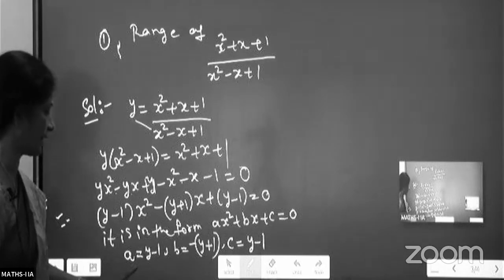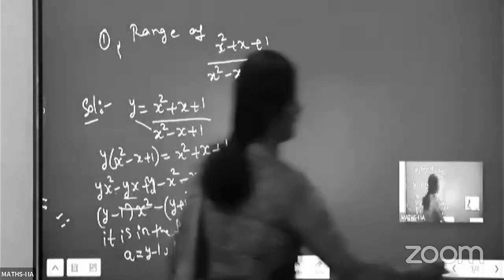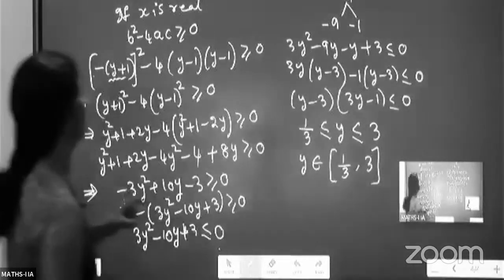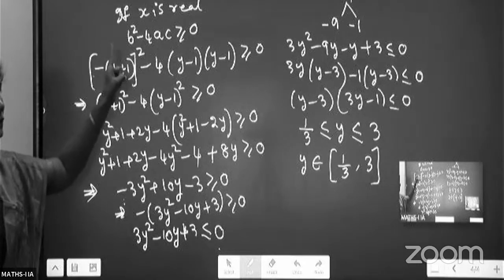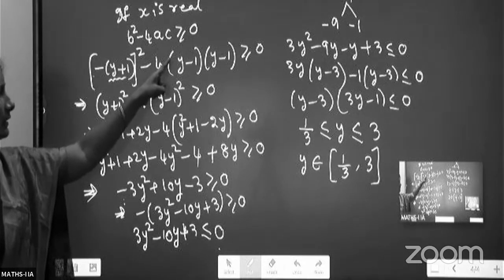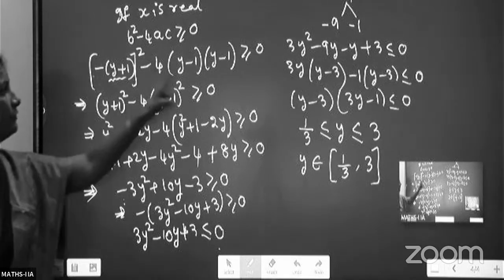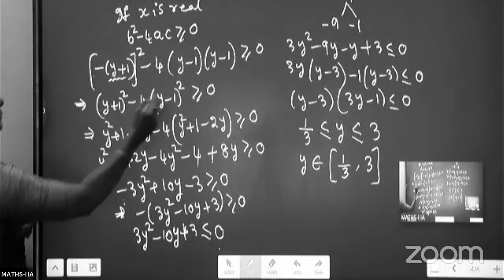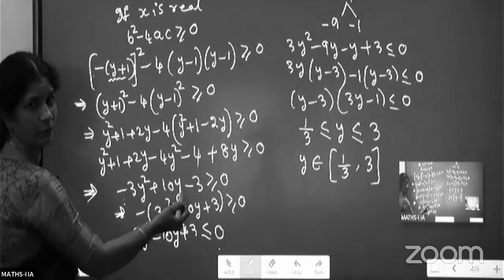Here we compare and get the a, b, c values. Then immediately what did we do for finding the range? We applied the formula for x is real. If x is real, what is the formula? B square minus 4ac greater than or equal to 0. So this can be written by substitution. Then after you simplify, you will be getting minus 3y square plus 10y minus 3.